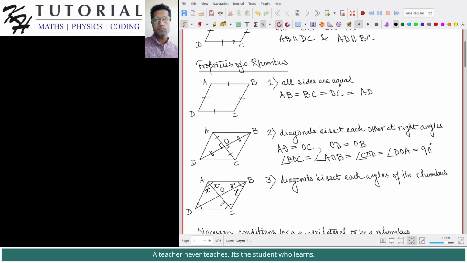Also note that this angle will be x degree, this will be x degree, this will be y degree, this will be y degree.